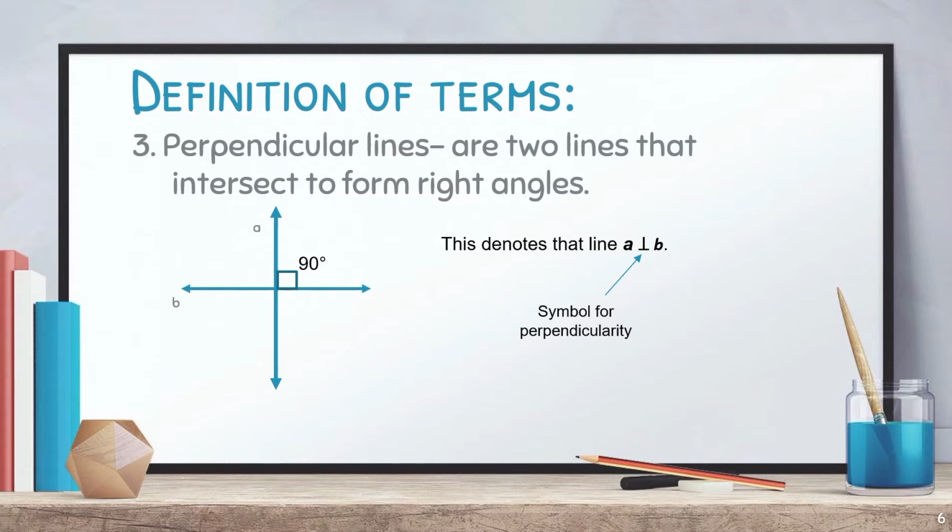Like in the figure, you have line A and line B that intersect each other. And upon intersecting, they form four right angles, and each angle measures 90 degrees. So as you can see, you have there on the side, this is the symbol for perpendicularity, which says that line A is perpendicular to line B.